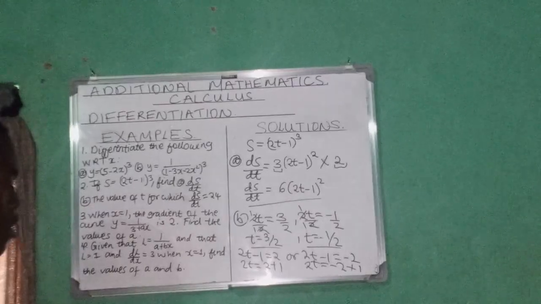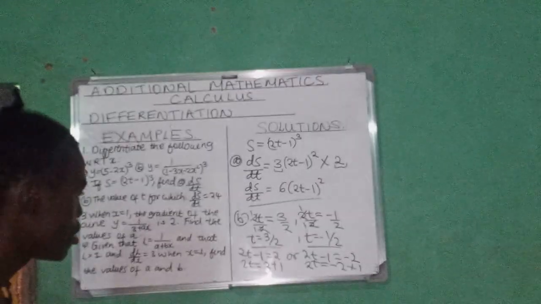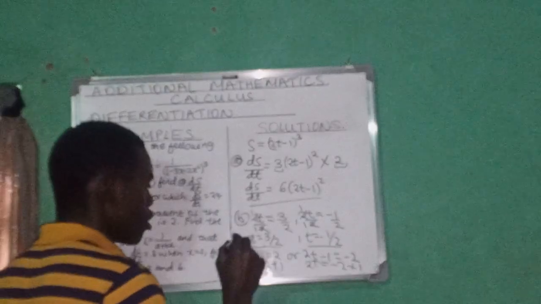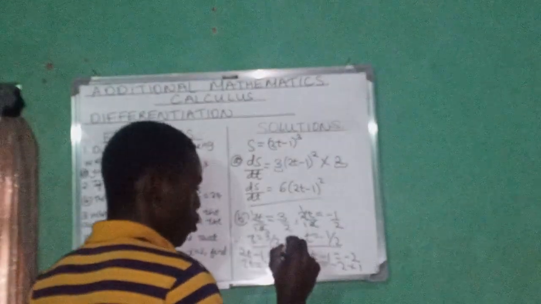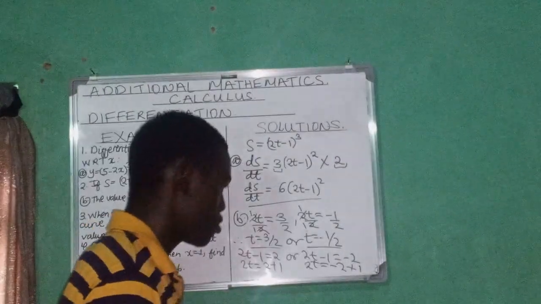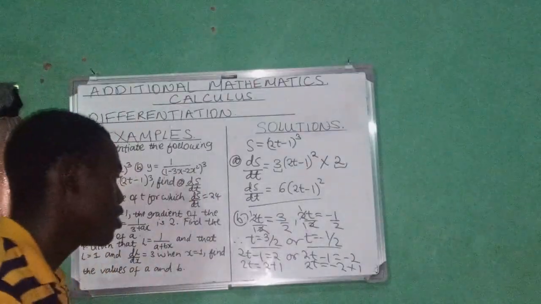So therefore, we can conclude that t is equal to 3 over 2, or t is equal to negative 1 over 2.